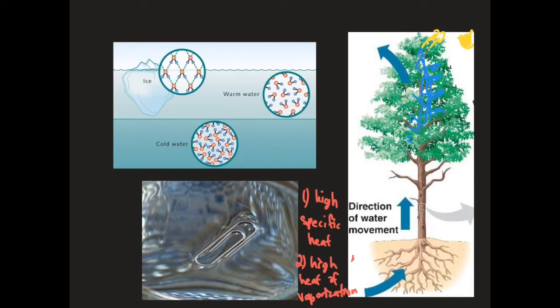Now high specific heat, basically you can translate this as you need lots of heat to melt it. You need a lot of heat to turn it from a solid to a liquid. For the high heat of vaporization, you need a lot of heat to turn it from a liquid to a gas.